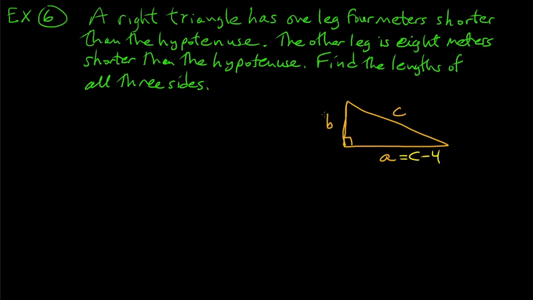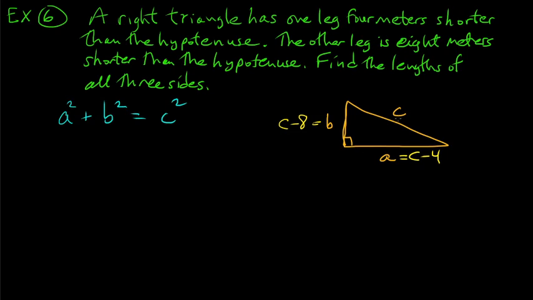Okay, the other leg is B, and B is 8 meters shorter than the hypotenuse. So B then is C minus 8, the hypotenuse minus 8. Okay, so remember for a right triangle, A squared plus B squared is equal to C squared.